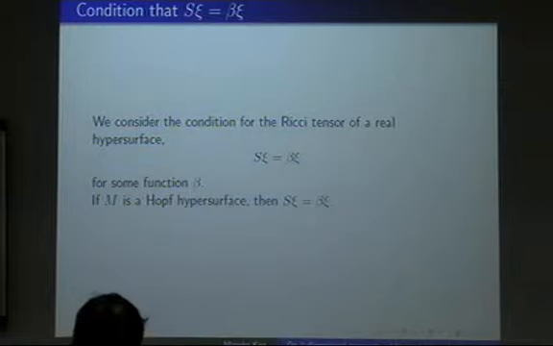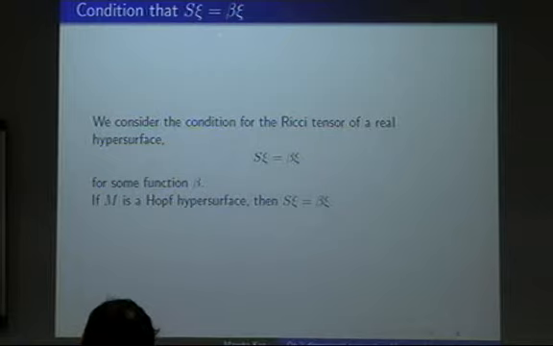Now we move to the main part of this talk. The condition that S xi is equal to beta xi, where S is a Ricci tensor of type (1,1) and xi is a structure vector field.